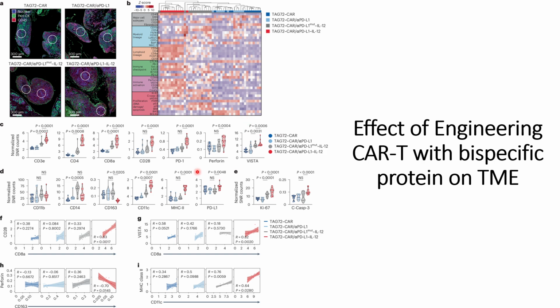They also checked perforin, which is one of the cytotoxic proteins released by the immune cells, or the T cells, to kill the cancer. It is also statistically significant in the case where they use anti-PD-L1 and IL-2 along with CAR. Similarly, VISTA plays a different role.